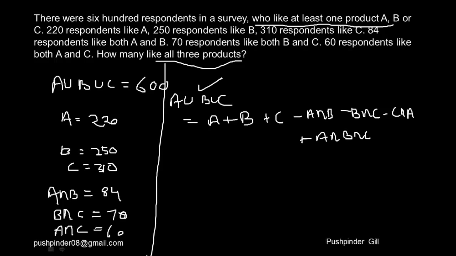So you know the value of this, this, this, this, this, this, this. Just substitute the values of all this, whatever you know, into this equation, and you'll get the value of A intersection B intersection C. So I hope everyone is understanding how we are able to solve this question. I'm not solving because that's the algebra part, the boring part for me. Fine. So let's move forward.